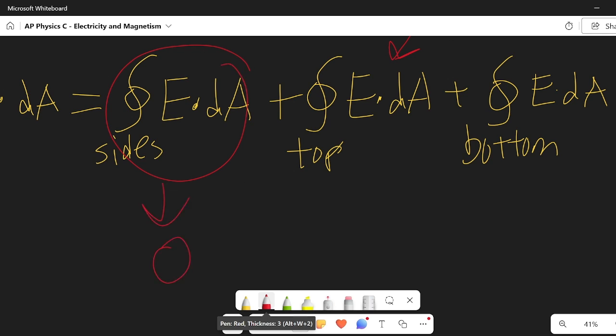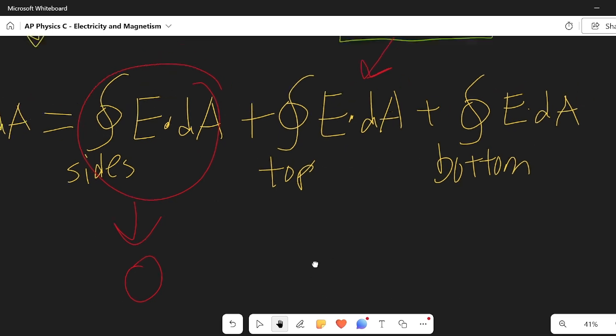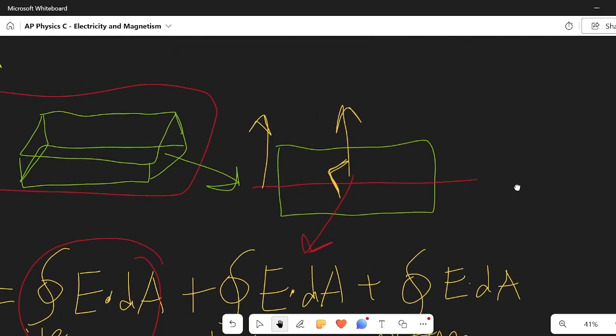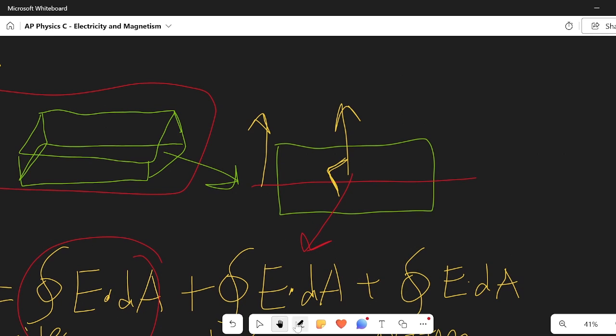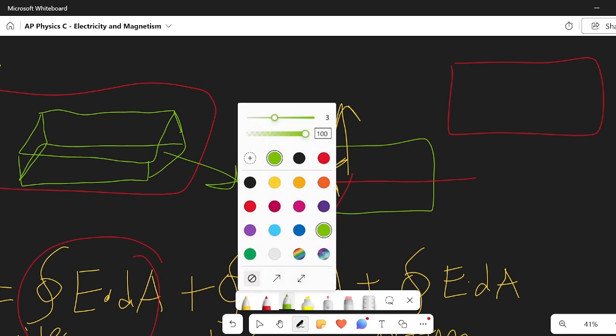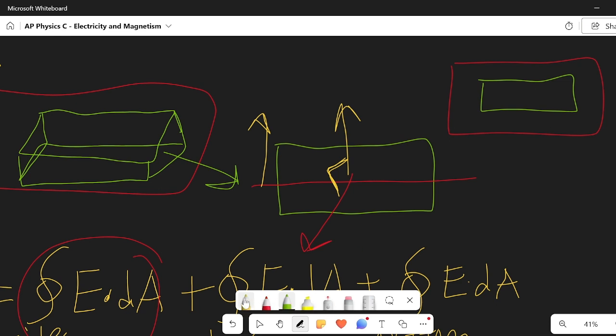So now let's go through evaluating the electric flux through the top. We have something that'll look like this, and all the bullets are actually going to pierce through.